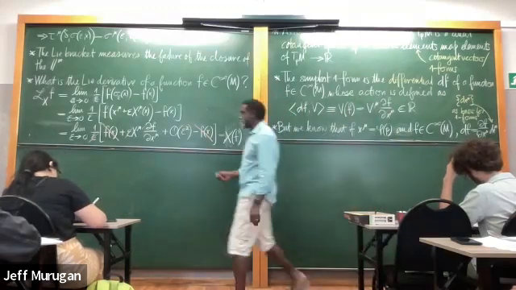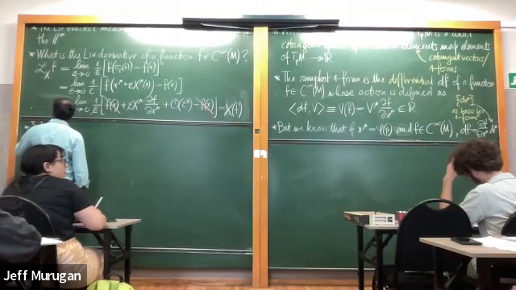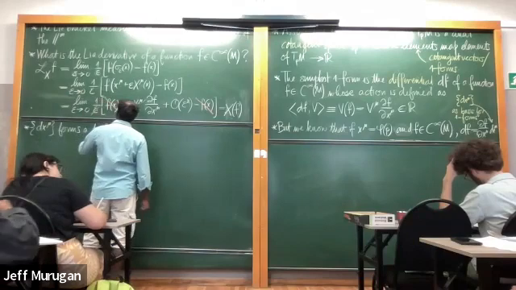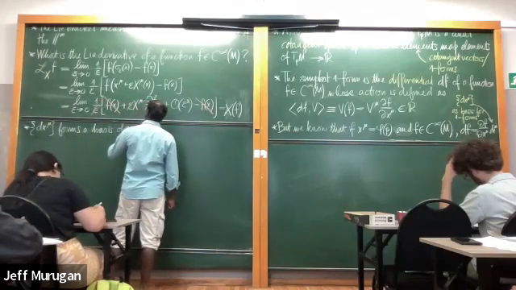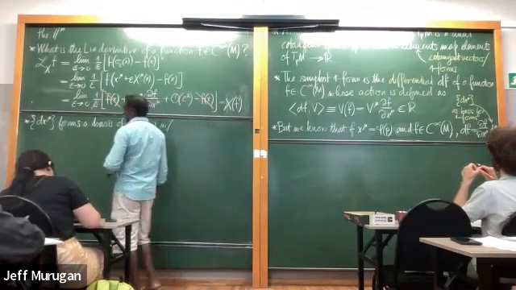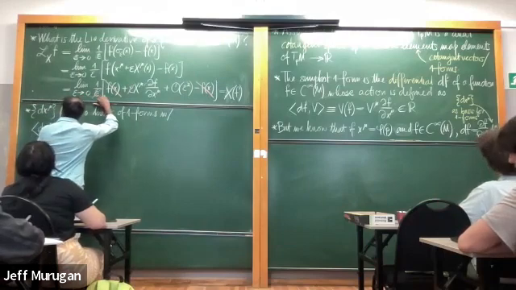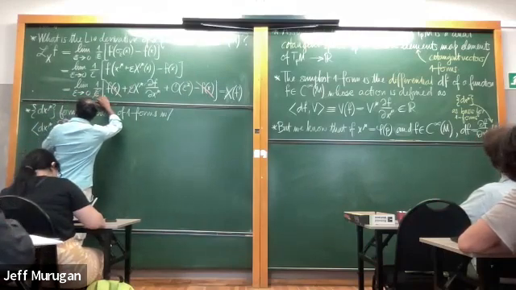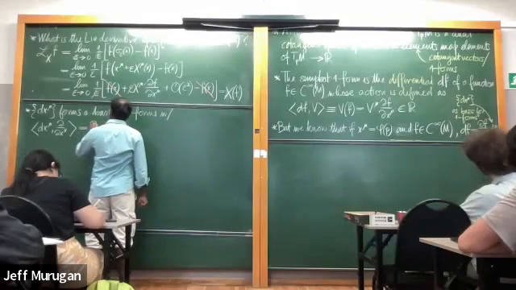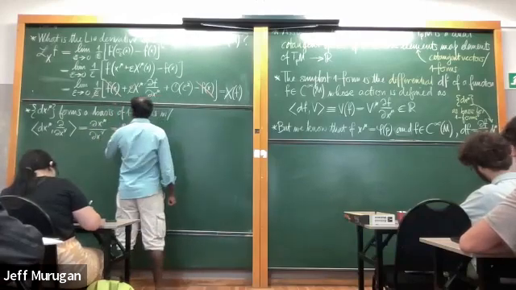And this is a dual basis in the sense that the action of dx mu on d by dx nu is, through our definition there, dx mu by dx nu, which is just delta mu nu.